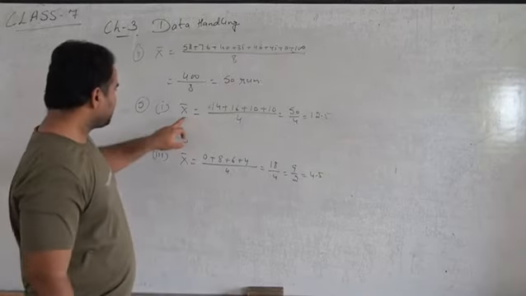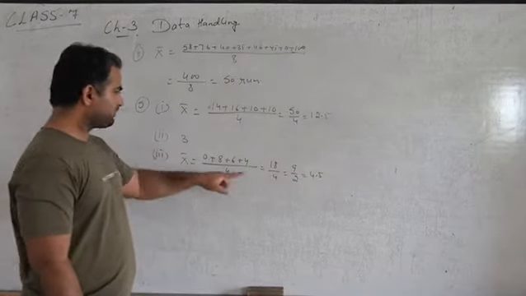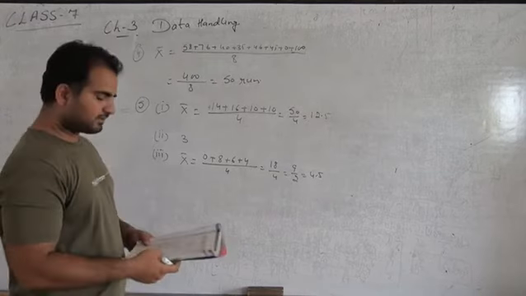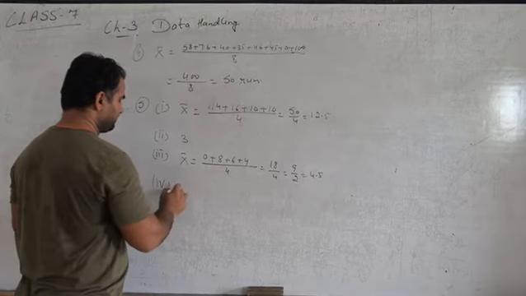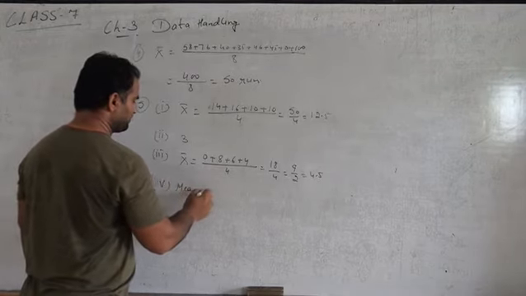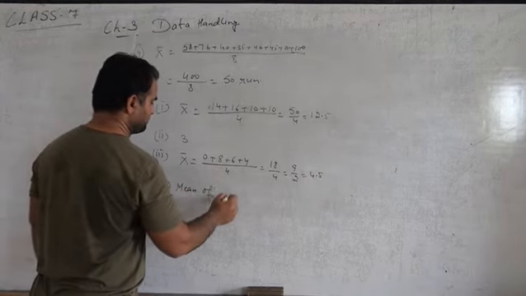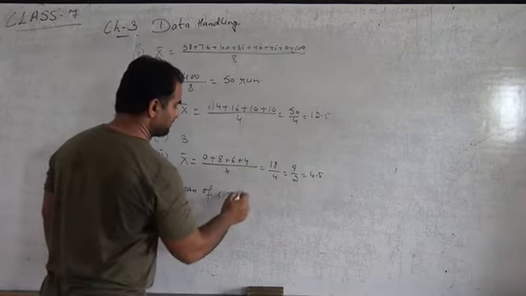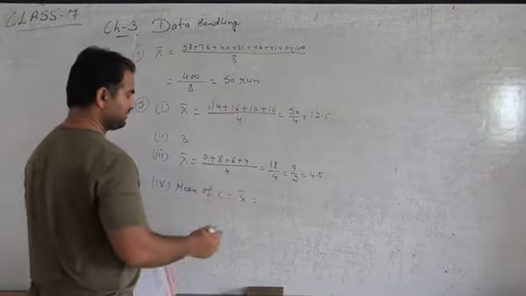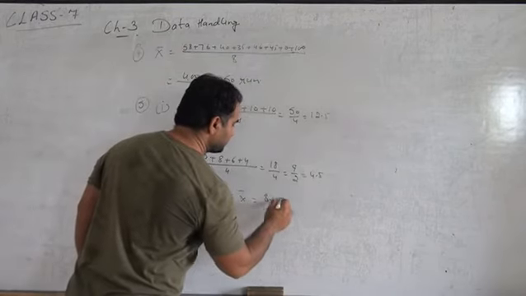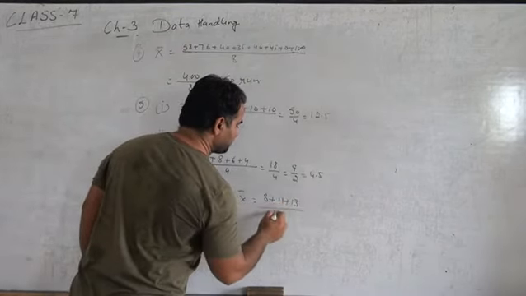So we have the mean of A, mean of B, but we don't have the mean of C. So we have to find it first. Question number 4, mean of C equals x bar, 8 plus 11 plus 13 upon 3.